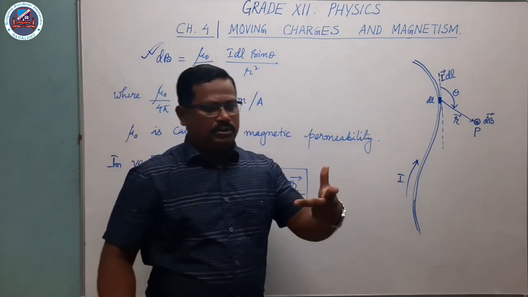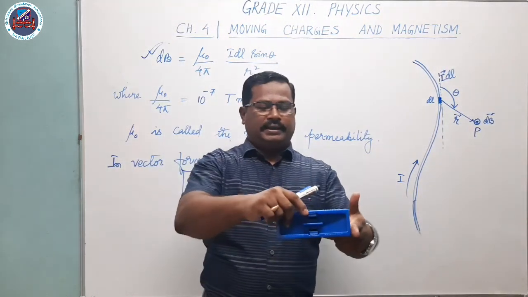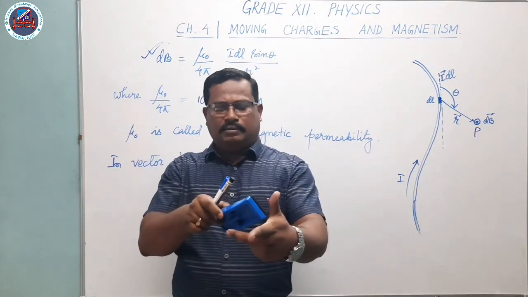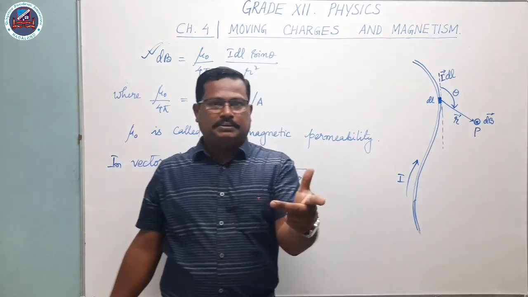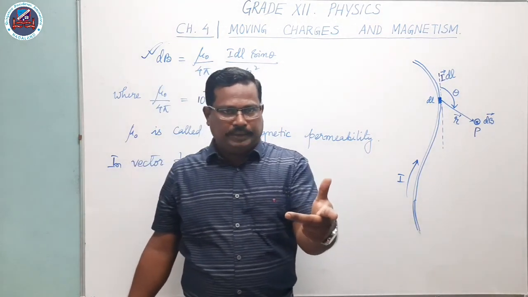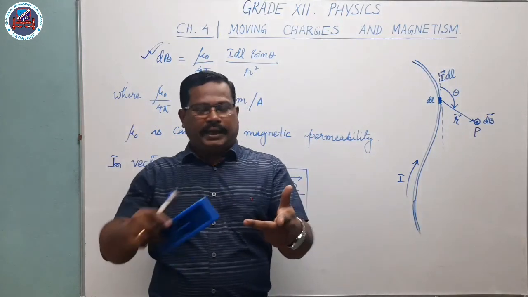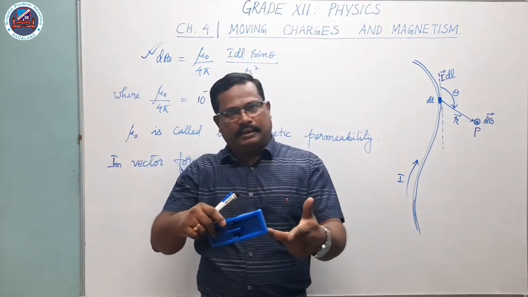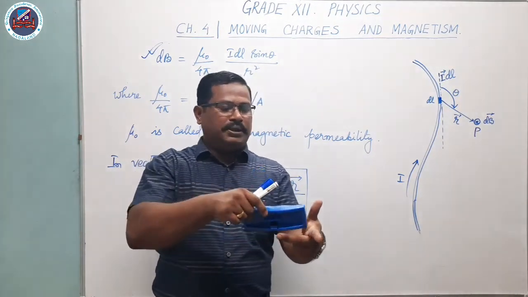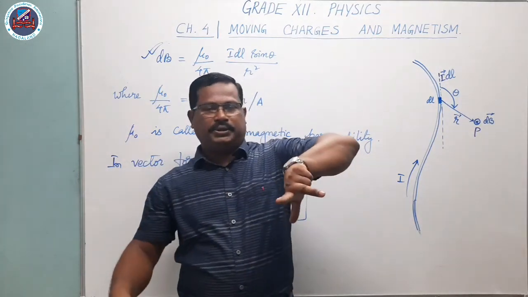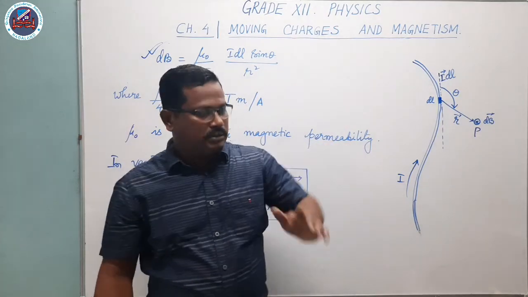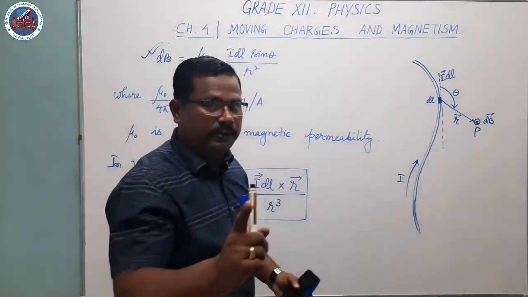If two vectors make an angle theta, then the resultant must be perpendicular to both of them. It will depend upon whether it is A cross B or B cross A. If A cross B is pointing up, then B cross A will be pointing down.